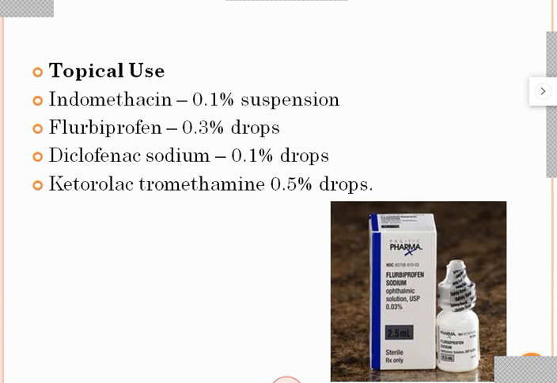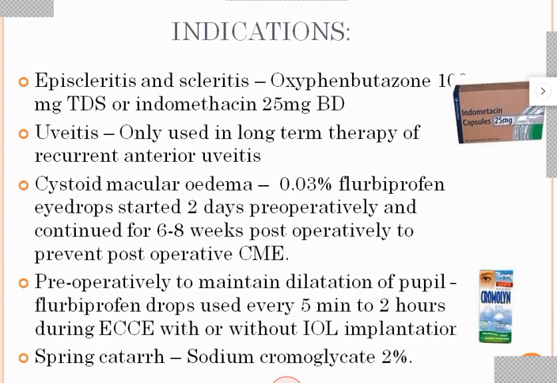Diclofenac sodium is available in the form of 0.1% drops, and ketorolac is available as 0.5% drops. These are indicated to treat conditions like episcleritis and scleritis. We can give oxyphenbutazone or indomethacin orally also, but mostly we use topical medication.